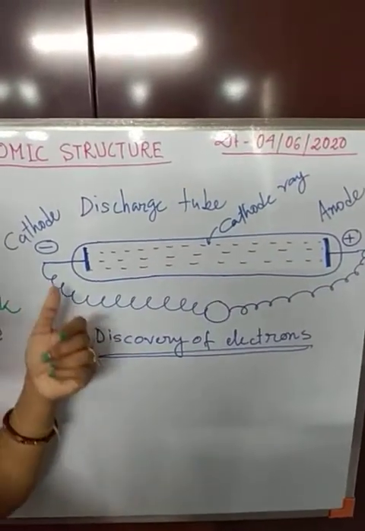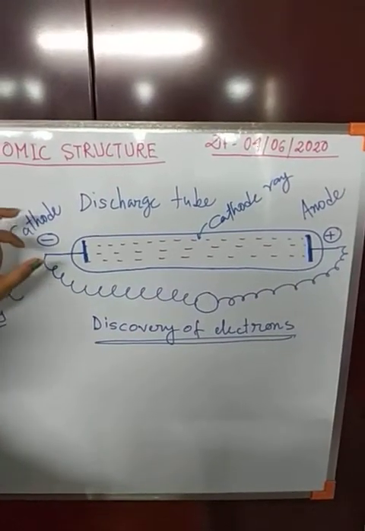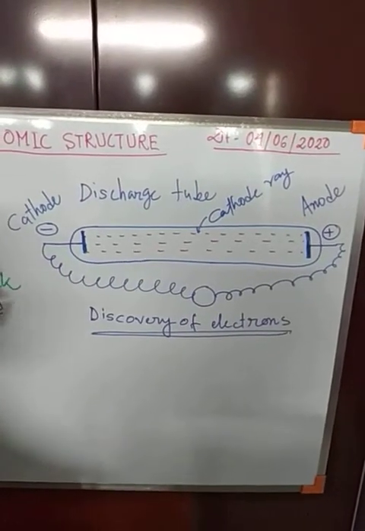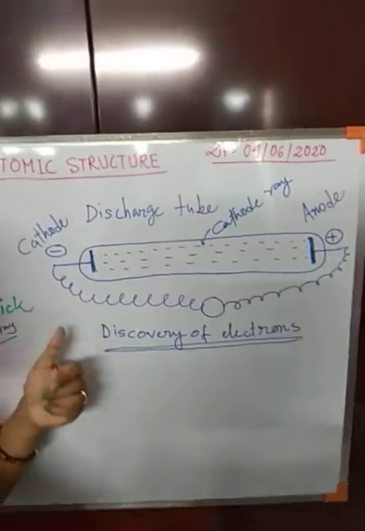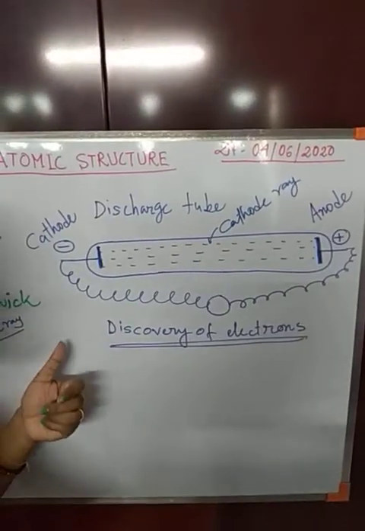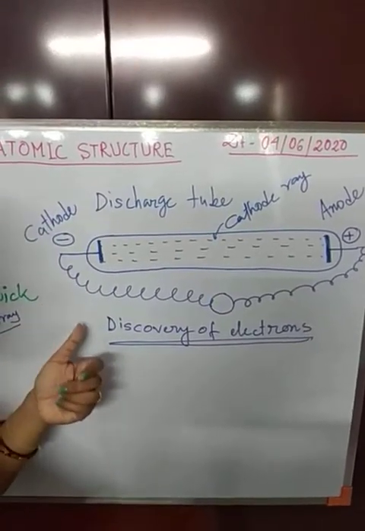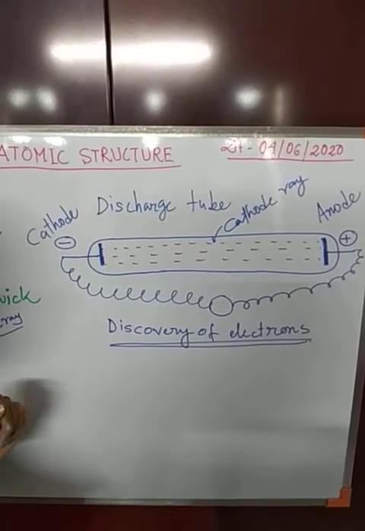That means it will get attracted by the positive end. It also has a very negligible mass or no mass. These are the characteristics of the cathode ray, and J.J. Thomson named the stream of rays or particles as electrons. So in this manner electrons were discovered.